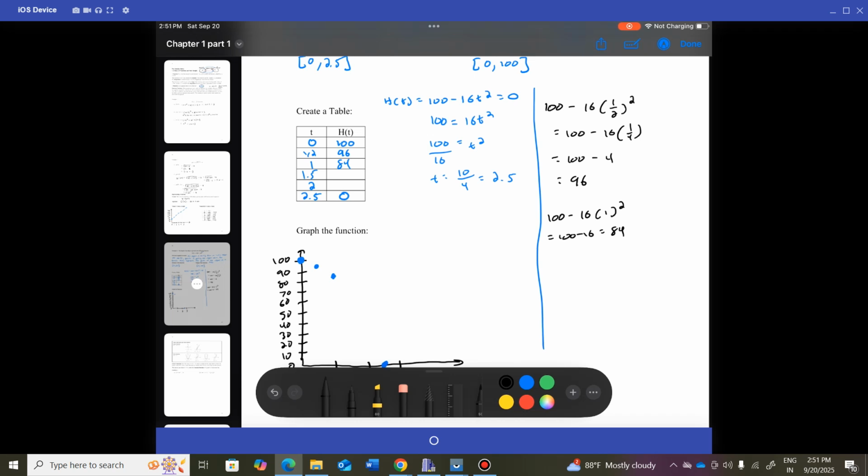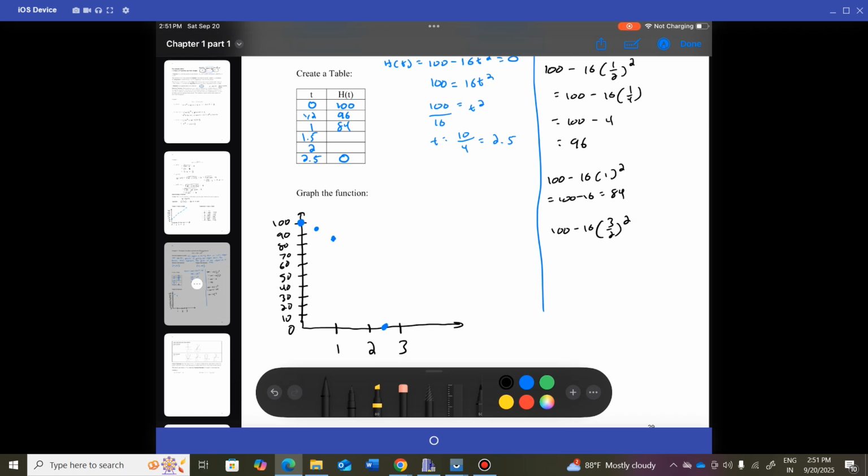Then for 1.5, which is 3/2, squared, I'll switch into a fraction because we're squaring and it'll be a lot easier. So that'll be 100 minus 16 times 9/4. That should be a minus sign. 100 minus 4 times 9, which is 36.